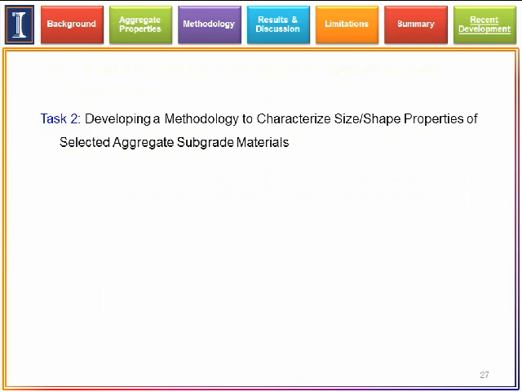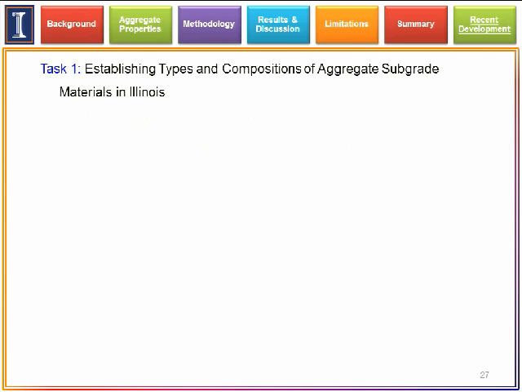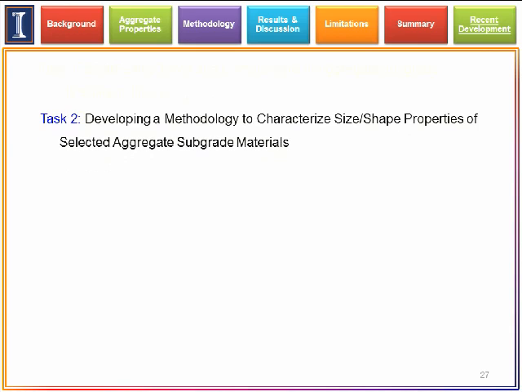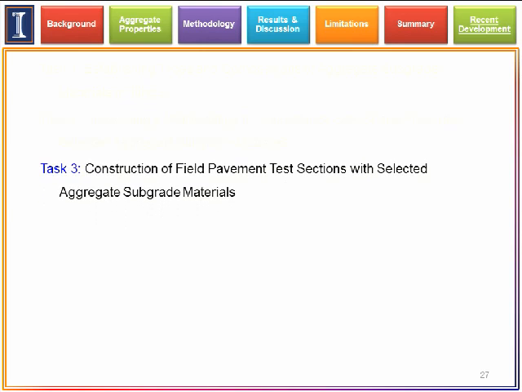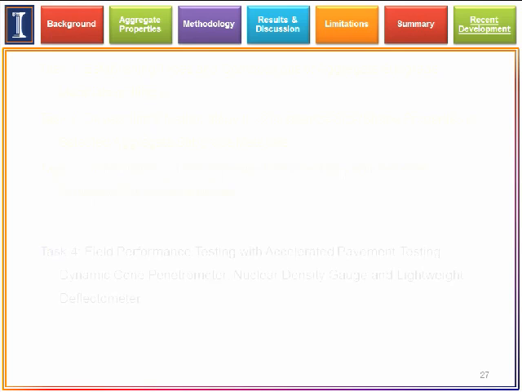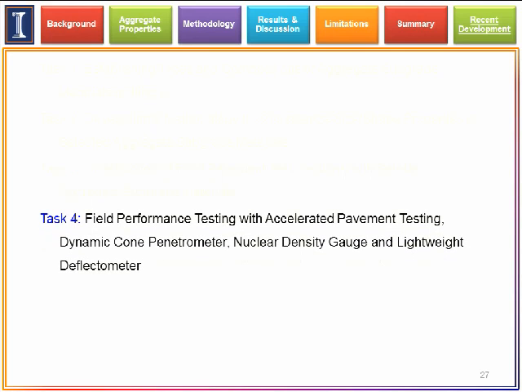So the tasks are establishing types and compositions of aggregate subgrade materials in Illinois, developing a methodology to characterize size and shape properties of selected aggregate subgrade materials, and construction of field pavement test sections with selected aggregate subgrade materials.